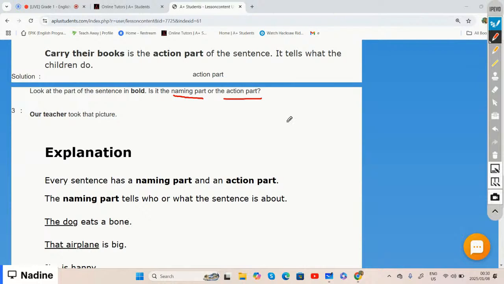So our teacher, we need to say if our teacher within that sentence is either a naming part or an action part. Our teacher took that picture. So our teacher.